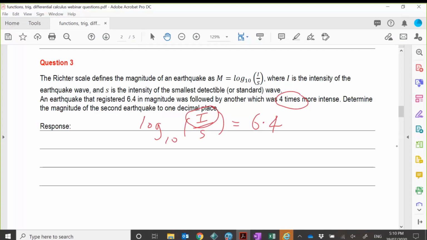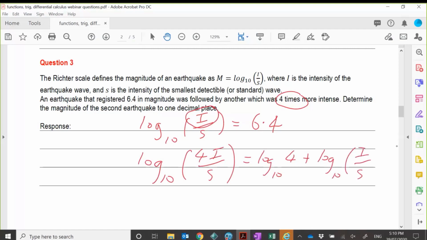So we now have log base 10 of 4I over S. Our intensity has gone up by a factor of 4. And now using your log laws, you can separate that log function out into log base 10 of 4 plus log base 10 of I over S.